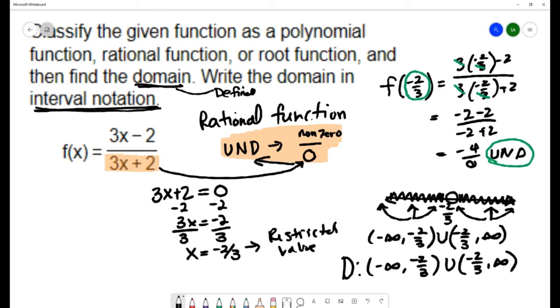And just a reminder, this is interval notation, but what does that really mean? That means that every real number except negative 2/3 is part of the domain of this function.